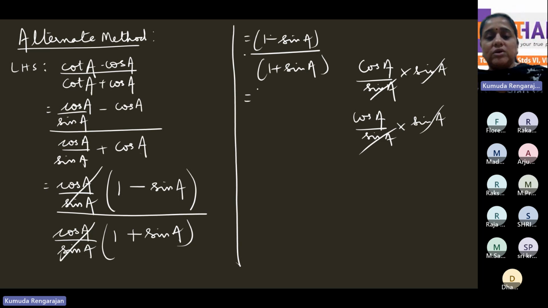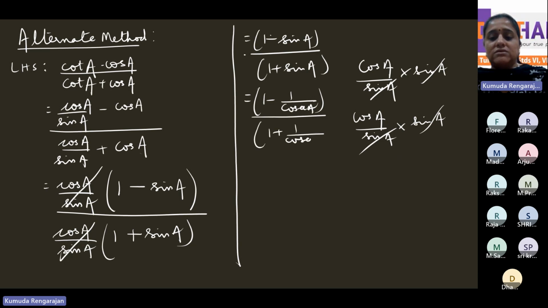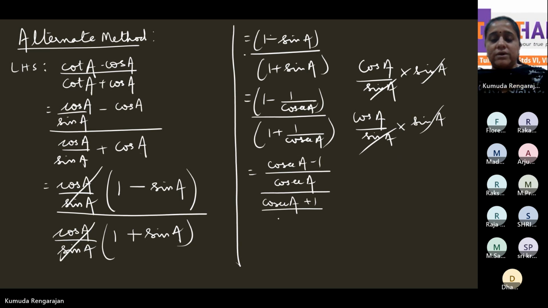So change. So what do you get? 1 minus 1 by cosecant A divided by 1 plus 1 by cosecant A. So cosecant A is a common denominator: cosecant A minus 1 by cosecant A plus 1 by cosecant A. So cosecant A and cosecant A get cancelled.